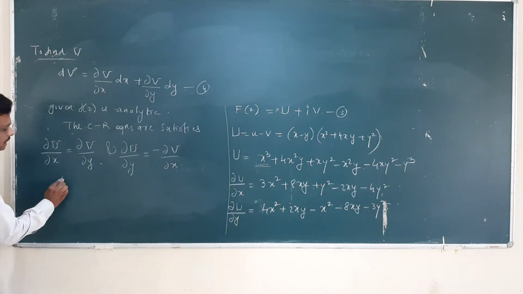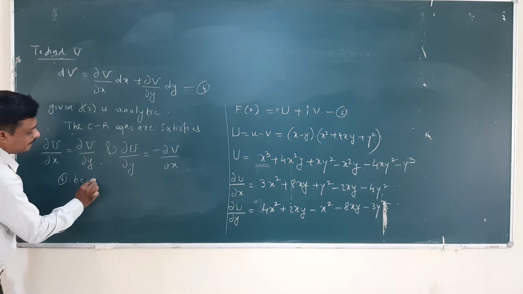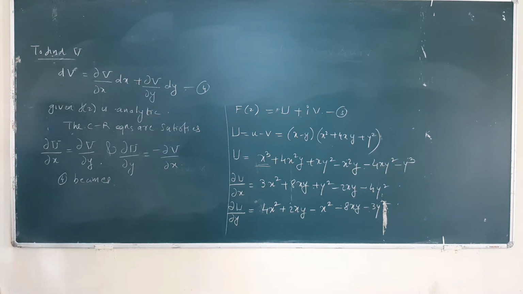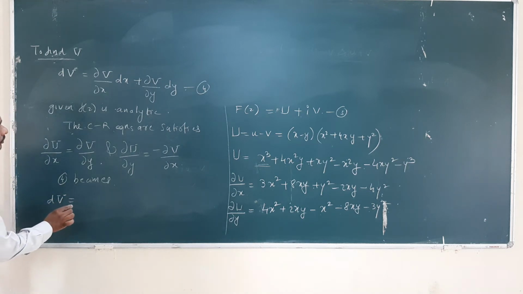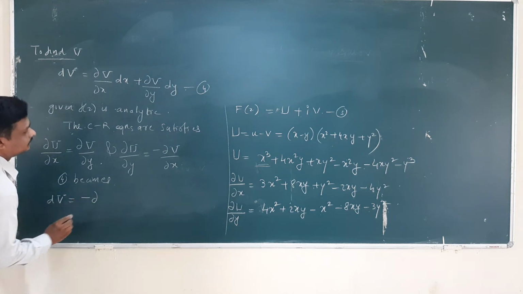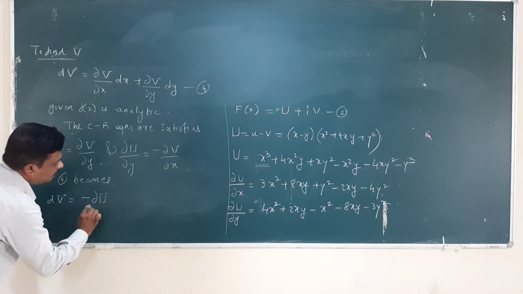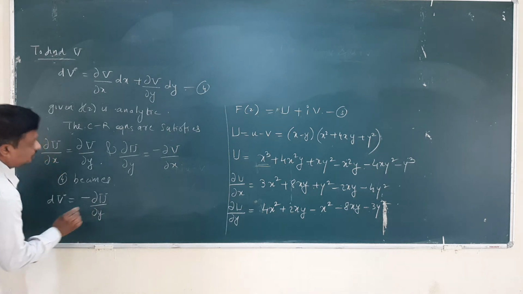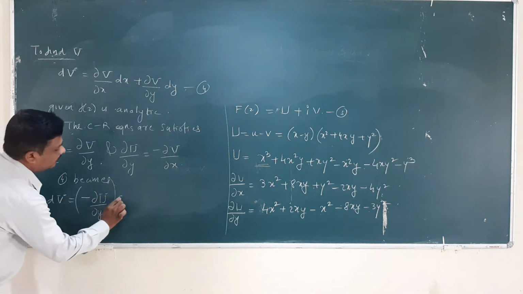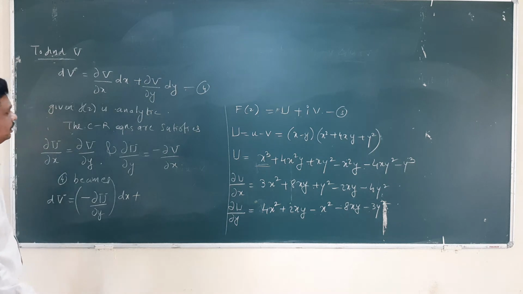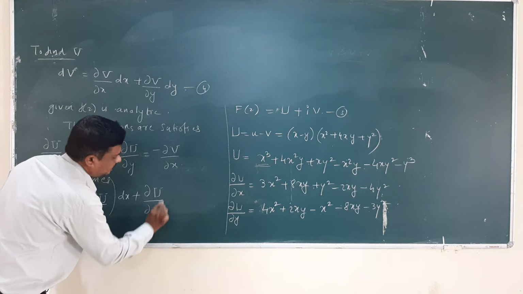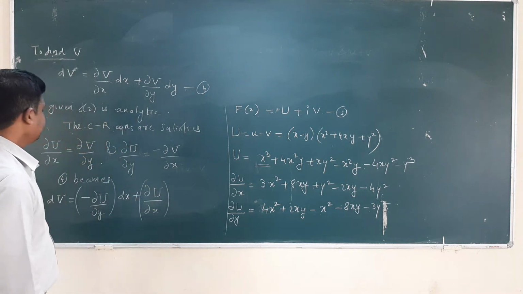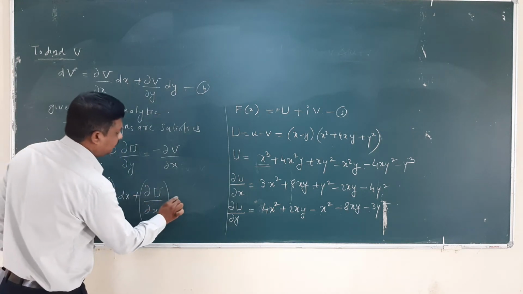So therefore equation number 4 becomes dv = −∂u/∂y dx + ∂u/∂x dy.